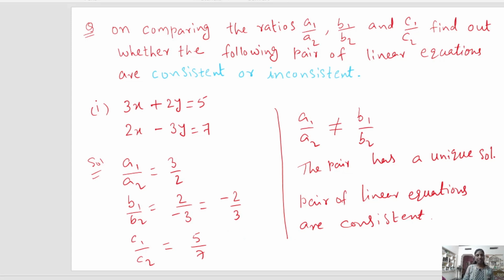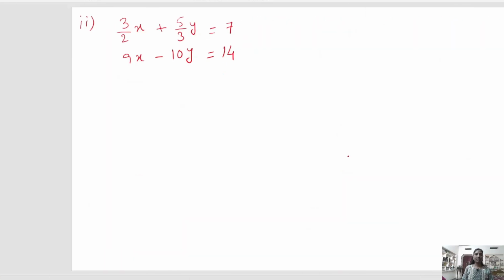Let's move to the next question. Next example. Here also we have to check whether the given pair of linear equations are consistent or inconsistent. So here a1 by a2. What is a1? 3 by 2. What is a2? 9, which is 9 by 1.